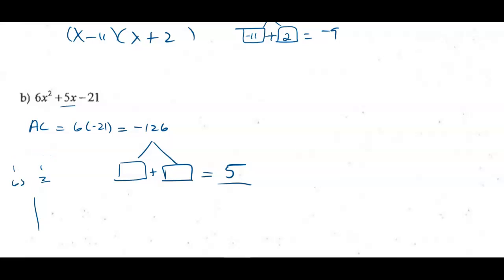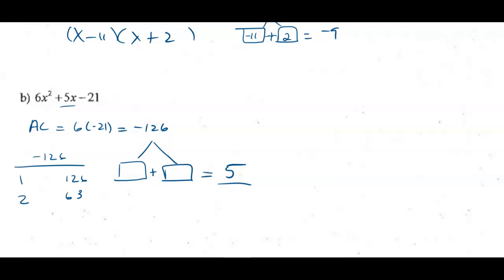Sorry, let me make this a little bit neater for you. Okay, I want a negative 126. So again, I could have 1 times 126, where one of them's negative. No. 2 and 63.